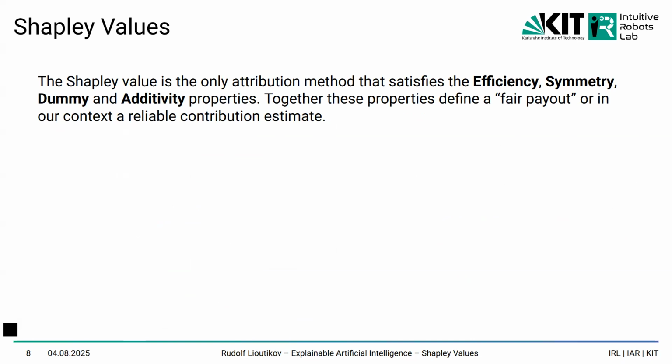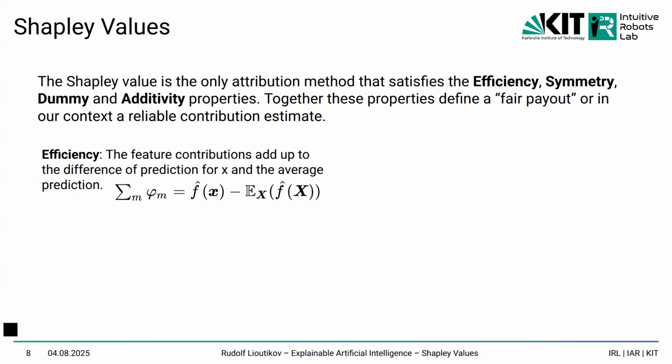Shapley values are not only useful, they're actually fairly unique, in the sense that they have a lot of very nice, interesting properties that make them a very good way to analyze your feature importance. For instance, the first one would be efficiency. Don't get confused by the equation.